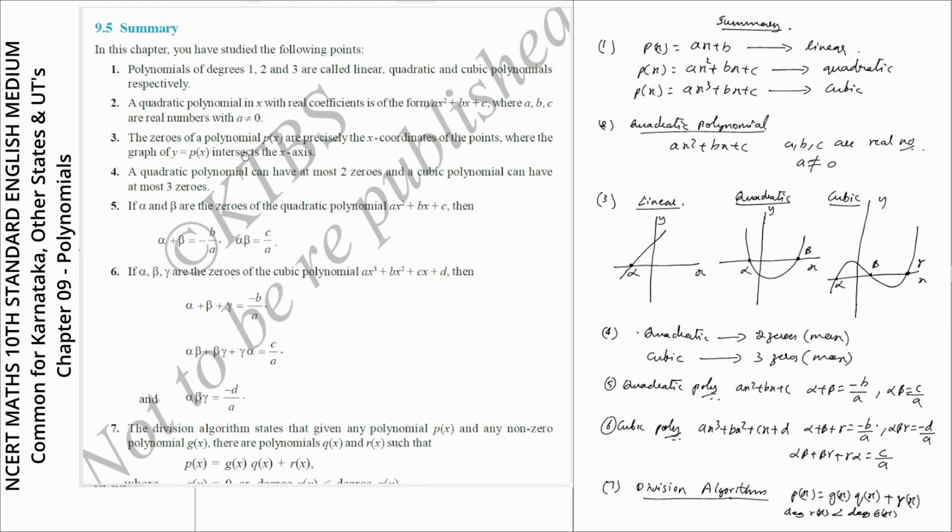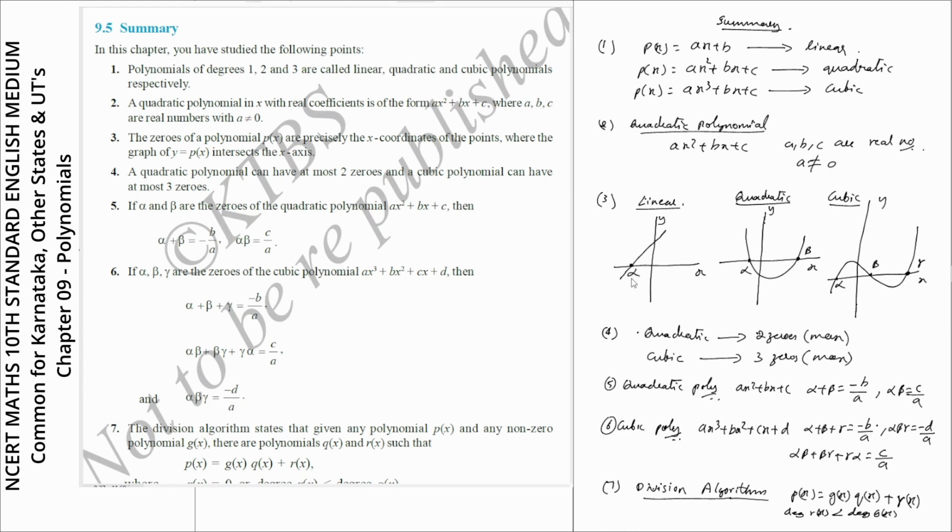The zeros of a polynomial p of x are precisely the x coordinates of the points where the graph of y is equal to p of x intersects the x axis. So you can see, a linear polynomial when plotted will intersect the x axis at one point, and that point is nothing but the zero of that linear polynomial.